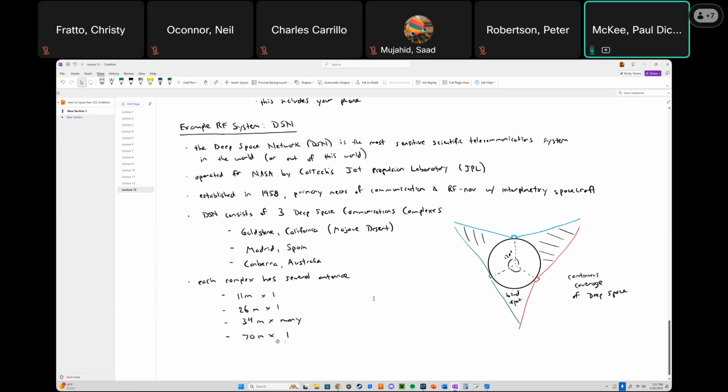And so I'm curious what your thoughts are on this. Why, if we just lost a single dish, did we lose communication with a spacecraft? Doesn't the Earth rotate? Won't one of the other dishes get it eventually? Or won't it orbit into a position where it will find itself in another?